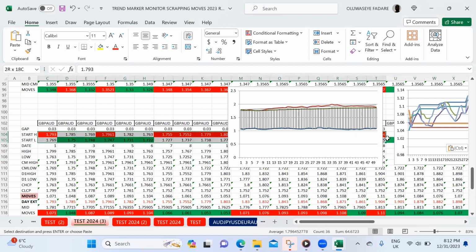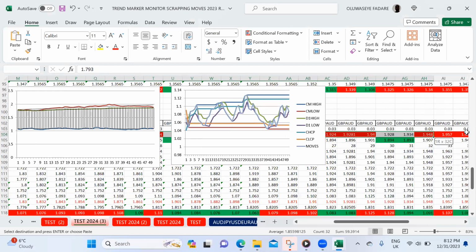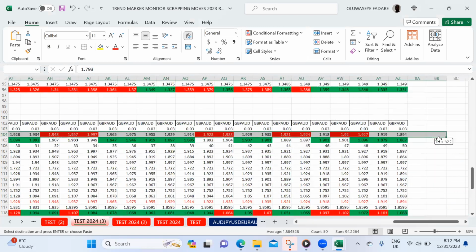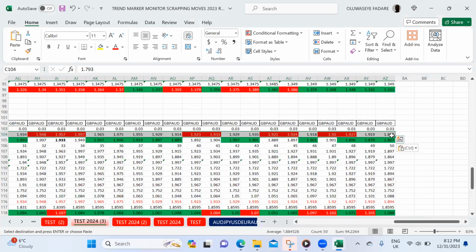So let's copy. Let's get the trend as well for the market.